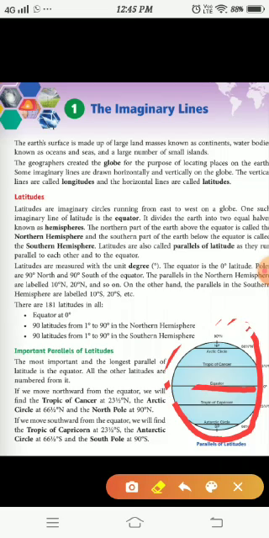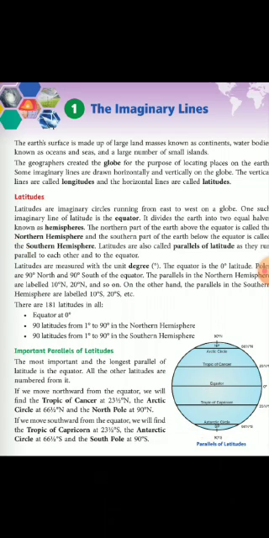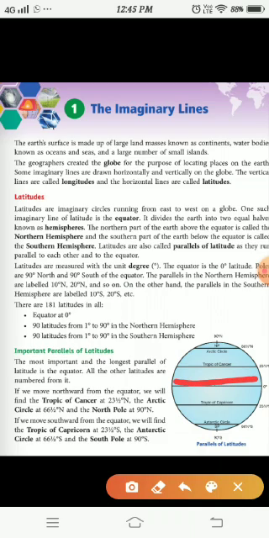Now the part above the equator is called the northern hemisphere, and the southern part of the earth below the equator is called the southern hemisphere. For example, this is the equator, this part is known as the northern hemisphere and this part is known as the southern hemisphere.